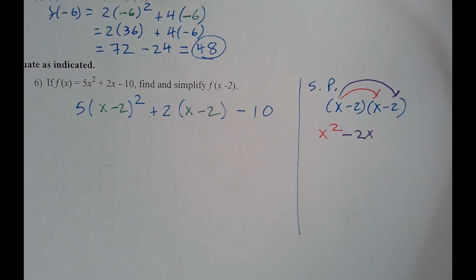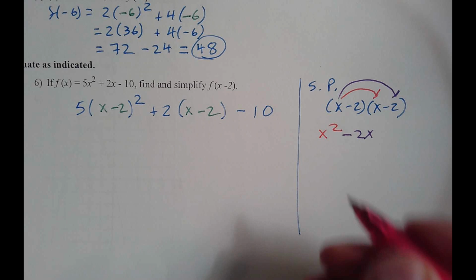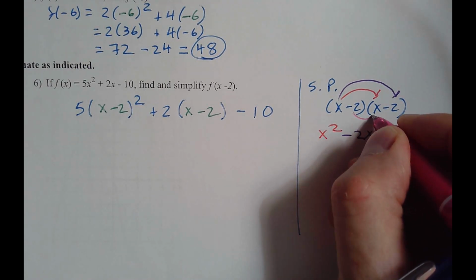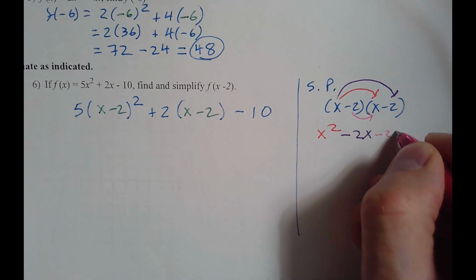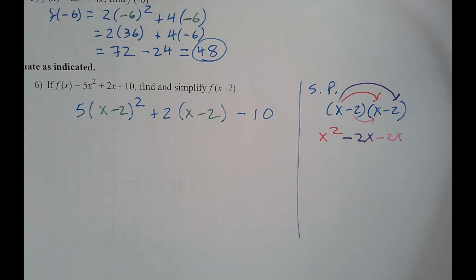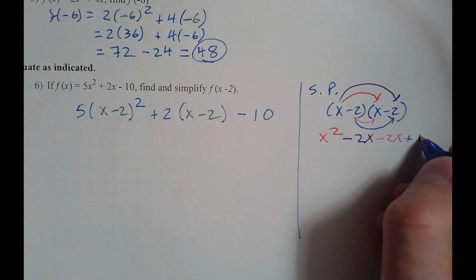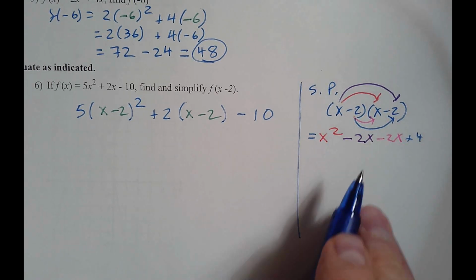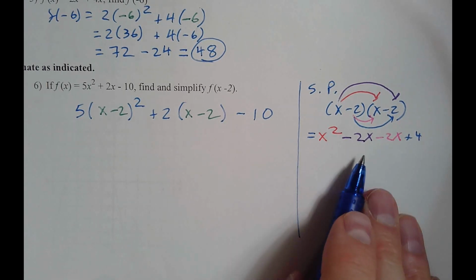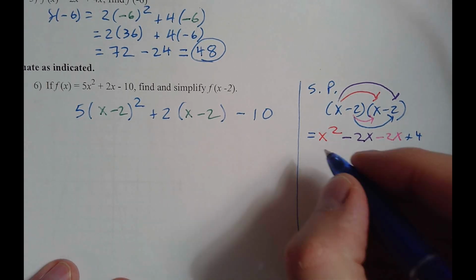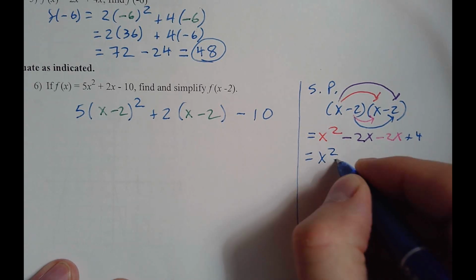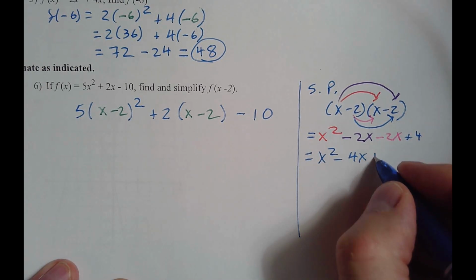Inner terms, negative 2 times x is a negative 2x. And then last would be a negative 2 times negative 2 is a positive 4. We combine those middle terms, that will give us a negative 4x. So we'll get x squared minus 4x plus 4.